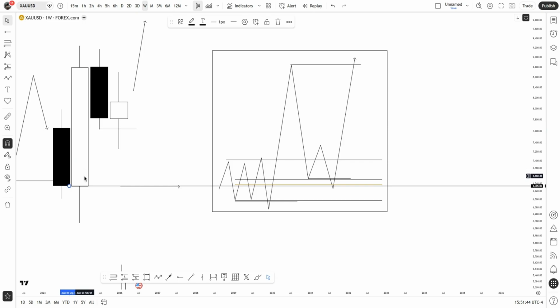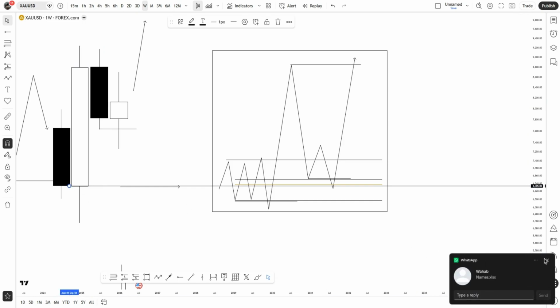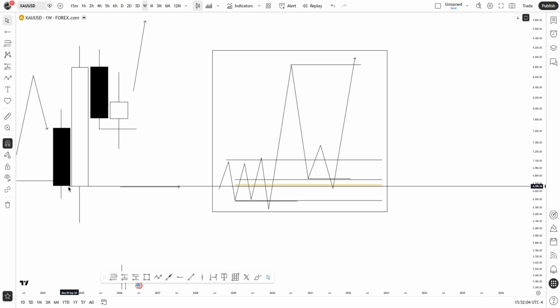Okay, why? Because they just engulf the whole candle by one thick bullish candle. That's why they dig deep into the order block toward the rejection block, and there is a lot of liquidity on the order block.